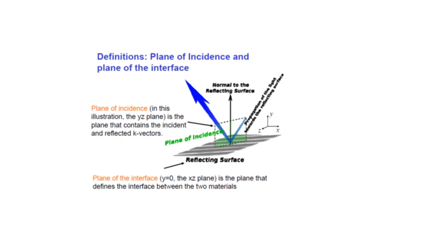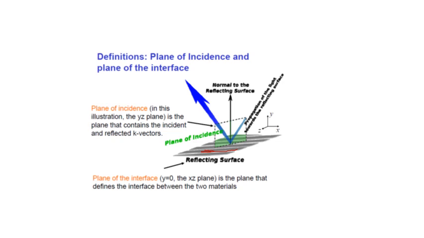Now we are defining the plane of incidence and the plane of interface. The propagation of light towards the reflecting surface is shown here, and this surface is the reflecting surface.